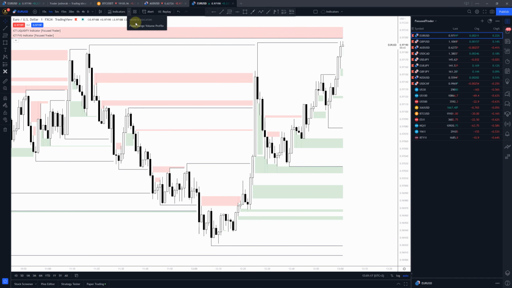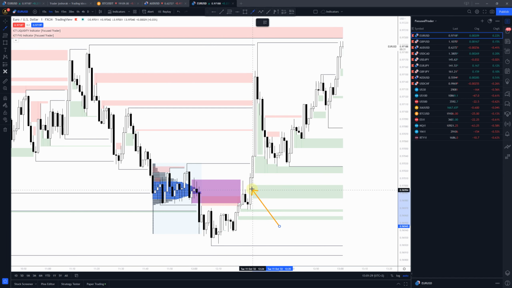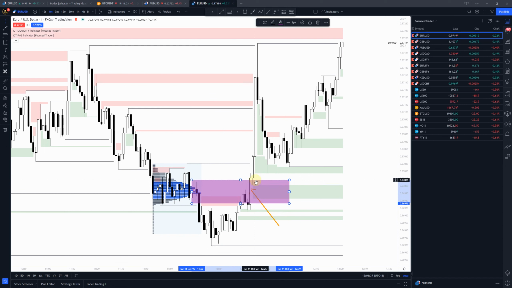And also, what we use very often in our trading is volume here. So when we draw a zone like this, you could see that they made some sort of reaction, and this candle, which will be my entry candle, this candle closed above this volume. So what it means is that this volume started to be support.